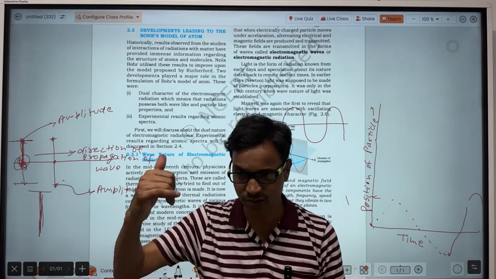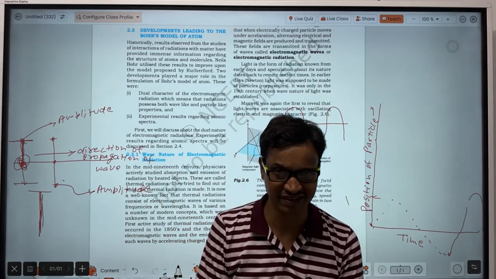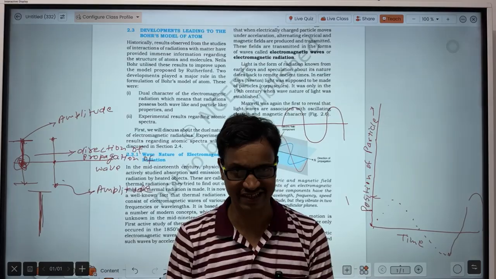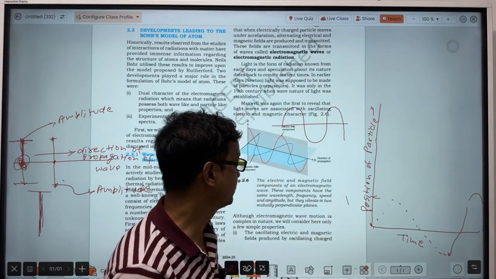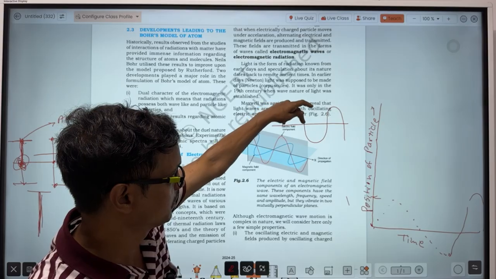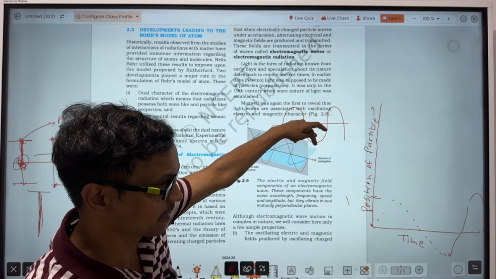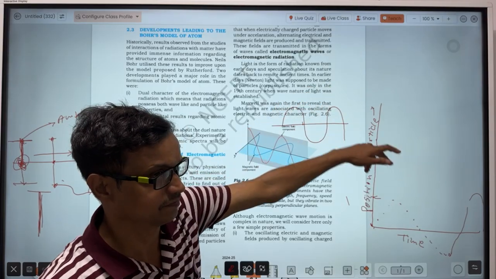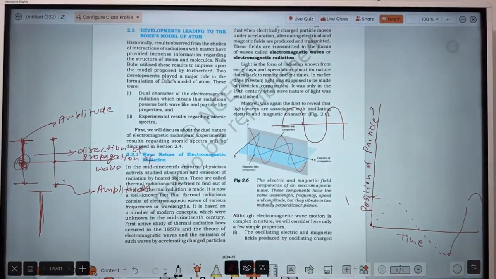And when it reaches the origin, again the particle moves towards the positive y-axis. So the particle goes to the maximum point, then comes below, again comes to the maximum point, again comes towards the positive y-axis, and so on. So that is the position of a particle with respect to time.